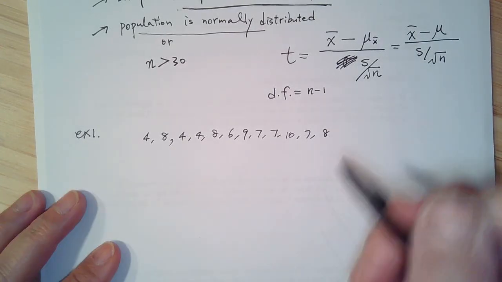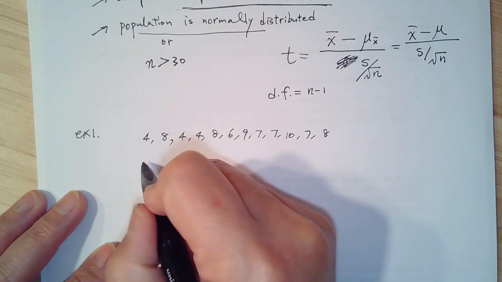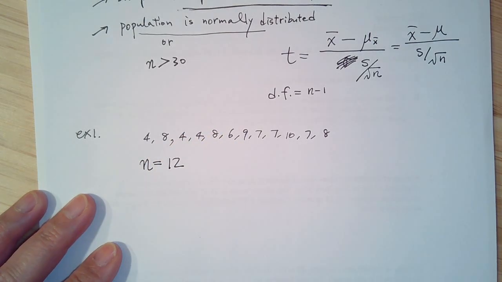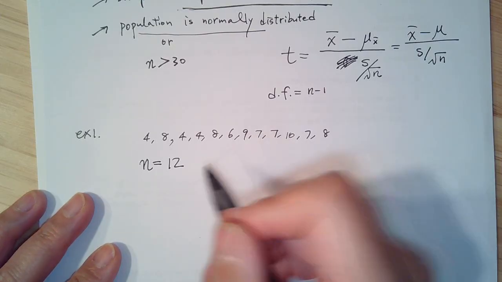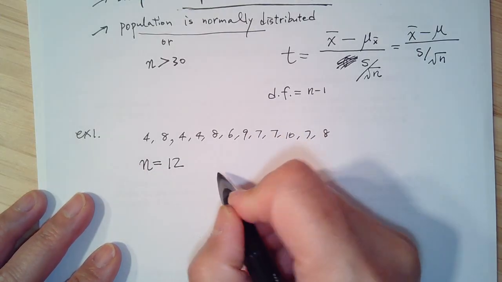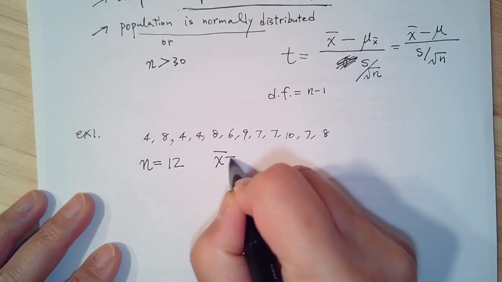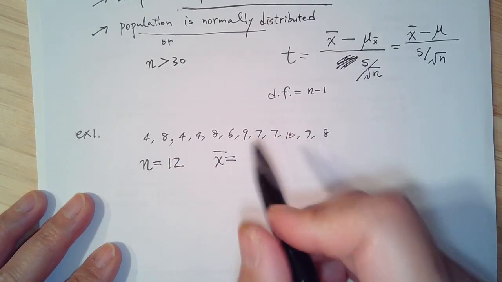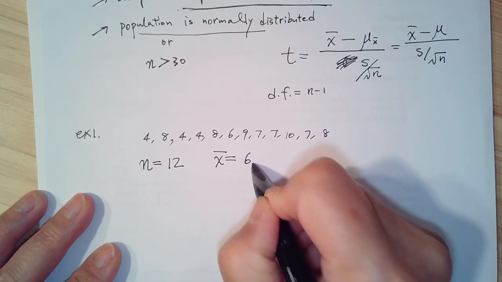Okay. So once you have this data, let me give you some information. n is 12. Remember what is n? n is the sample size. To save your time, I give you x bar, which is the mean. So you add all those numbers together, divided by 12, and I have 6.83.